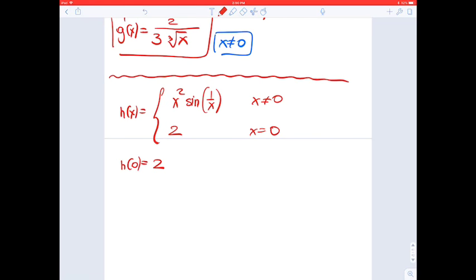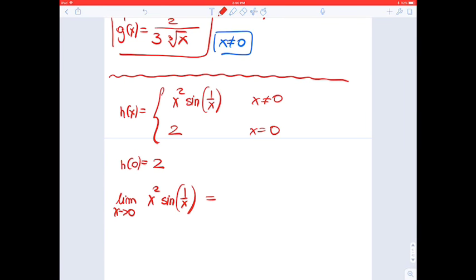Now we have to check if this function is continuous, because close to 0 the function is x squared sine of 1 over x. We can check the behavior as x goes to 0.